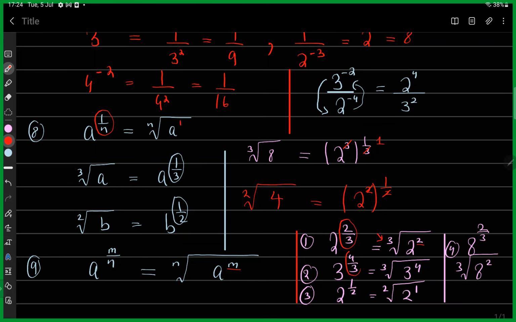Here we had 4 by 3. 4 was the power and 3 was the cube root. 1 by 2, 1 was the power of 2 and 2 was basically the square root. 2 by 3, the 3 in denominator would basically come over here and the 2 in numerator came here as the power. Understood? Yes, ma'am. Understood.